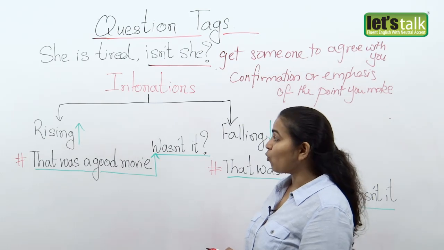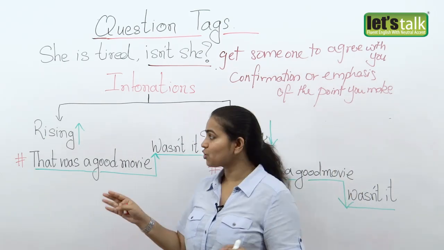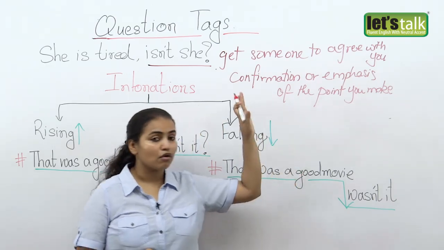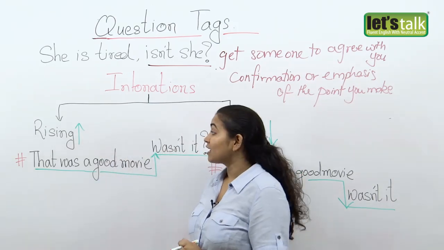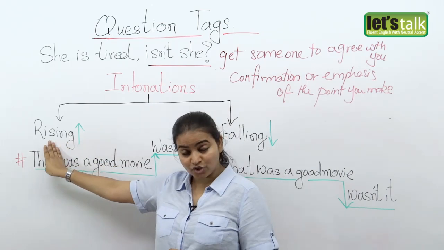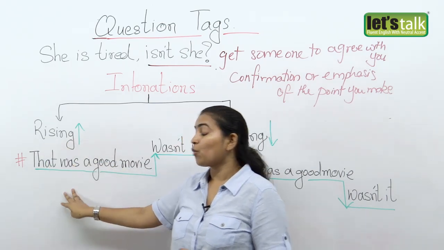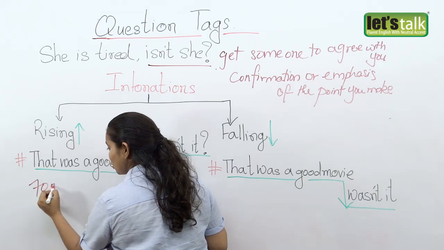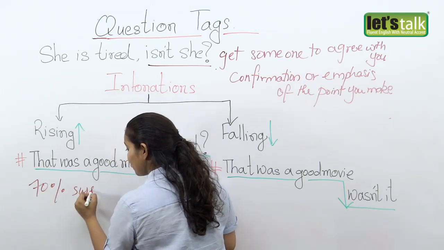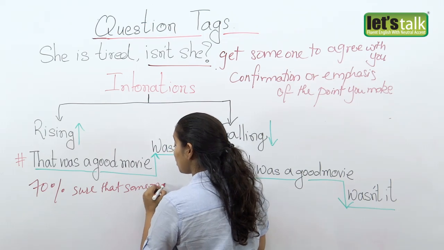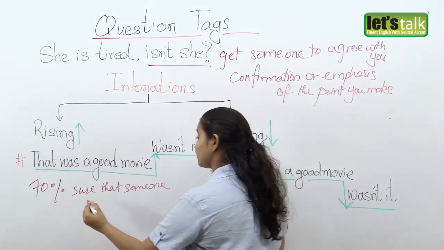Well, let's see why and when do we use the rising intonation and why and when would I use the falling intonation? Well, it's pretty simple, okay? The rising intonation is used when I am maybe just 70% sure that someone will agree with me.